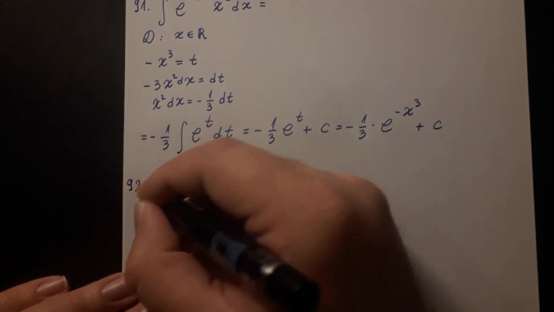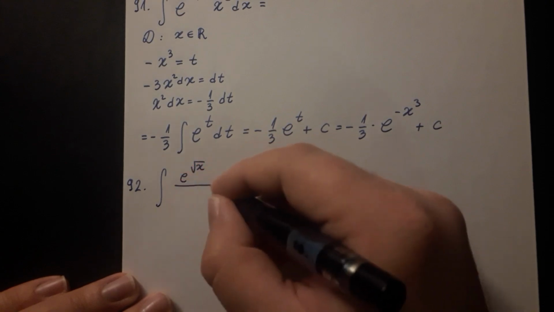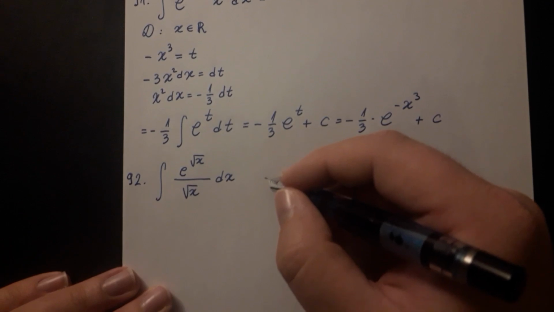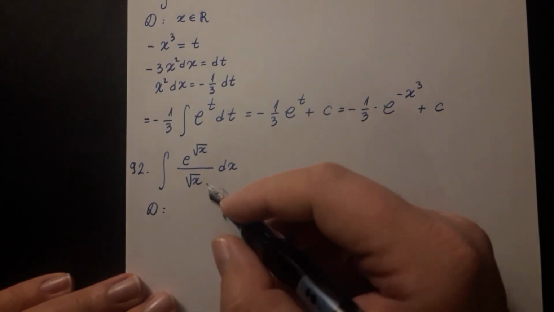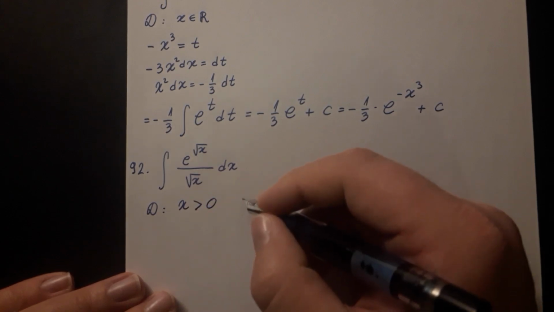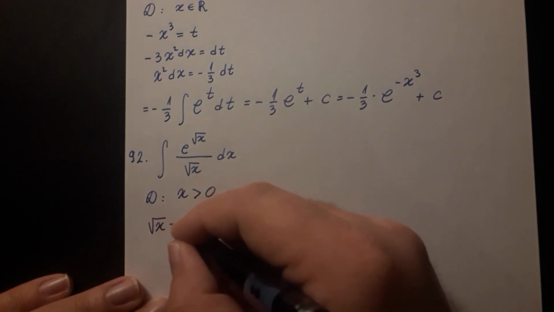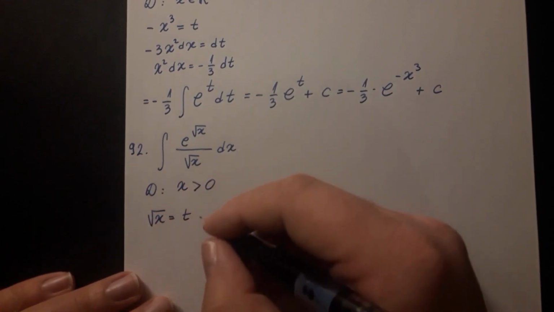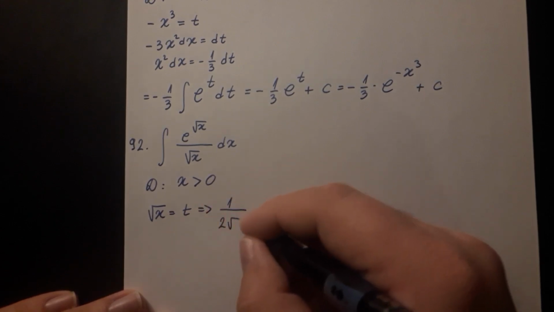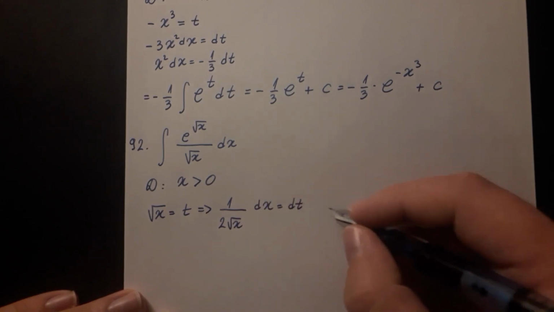Integral number 92 on our list is an integral of e to the power square root of x divided by a square root of x dx. The area where this integral is defined is for all x's which are strictly larger than 0. We can introduce the substitution that square root of x is equal to t, and then we get that 1 divided by 2 square roots of x dx is equal to a differential of t.